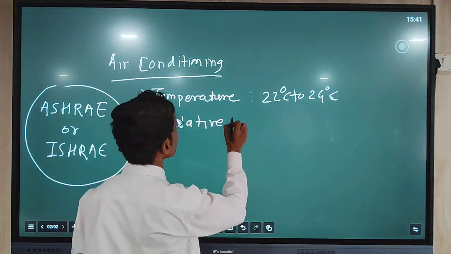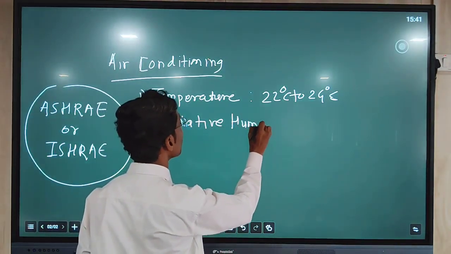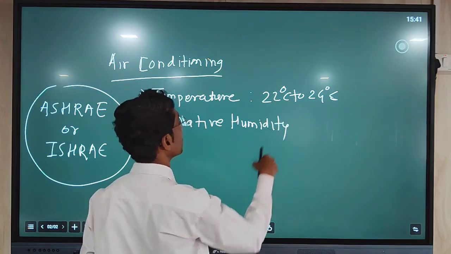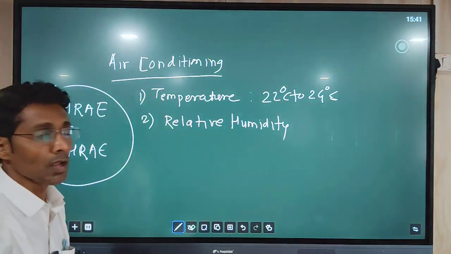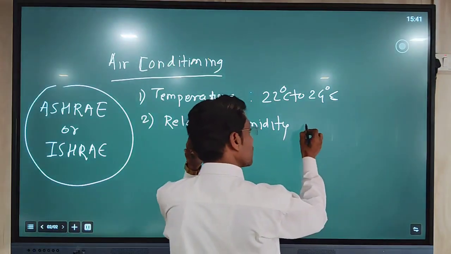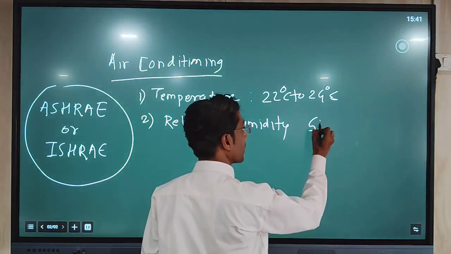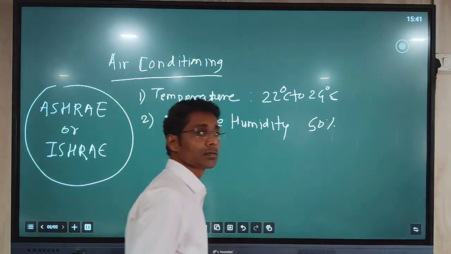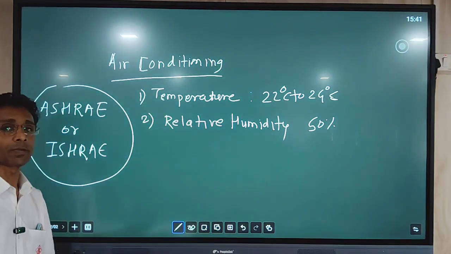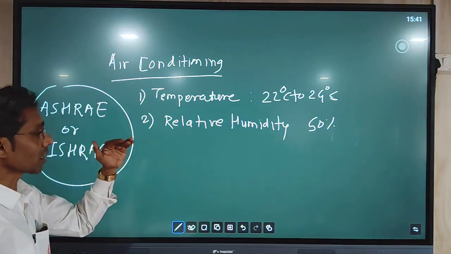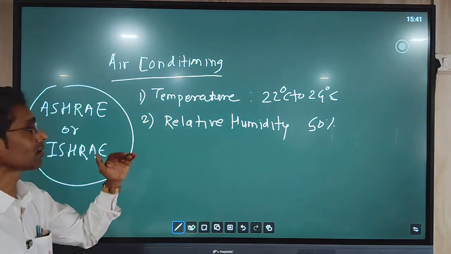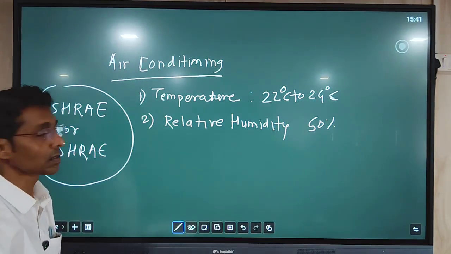Now I am mentioning here relative humidity. It is the moisture content in the air. It is given in percentage. So here 50% to 55% relative humidity level is required for the human comfort.